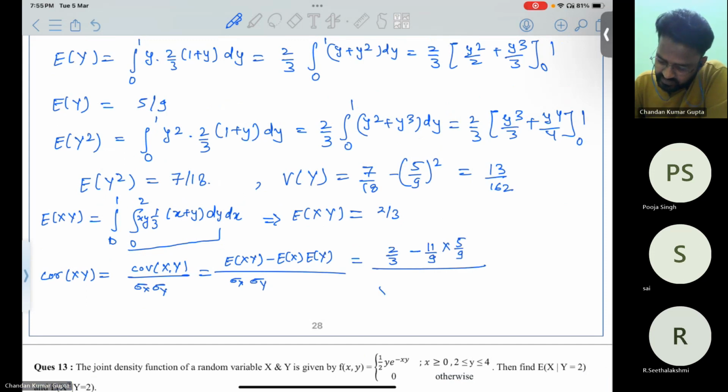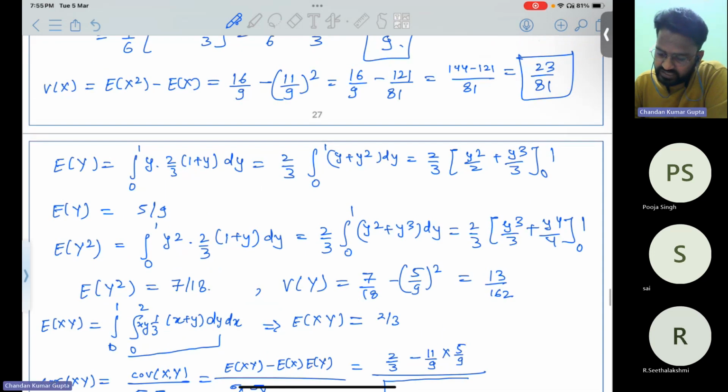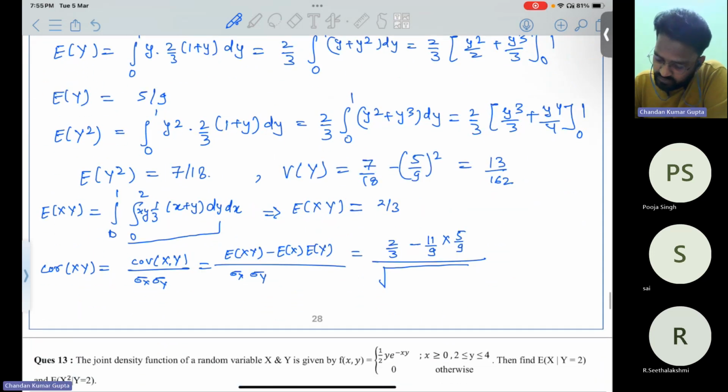Then sigma x is the square root of 23 upon 81, and sigma y is the square root of 13 upon 162.